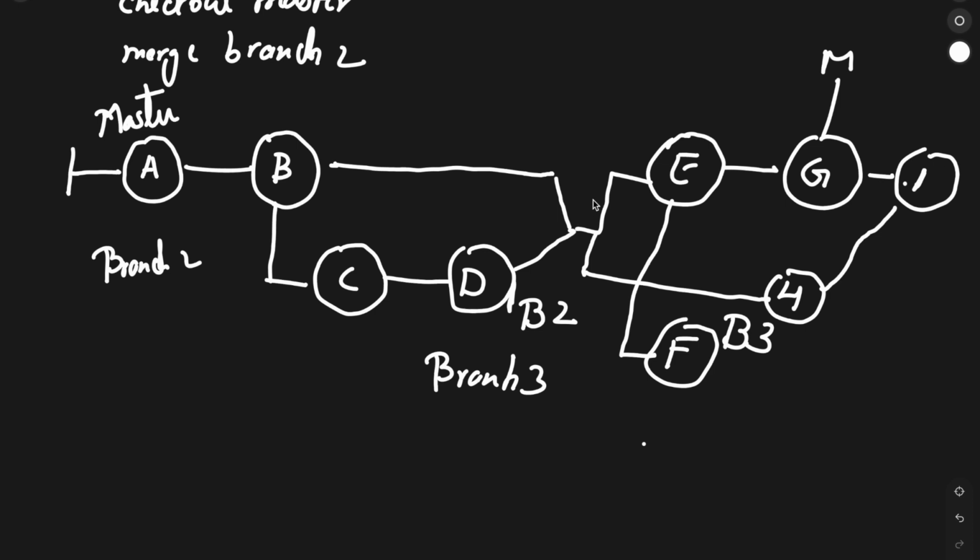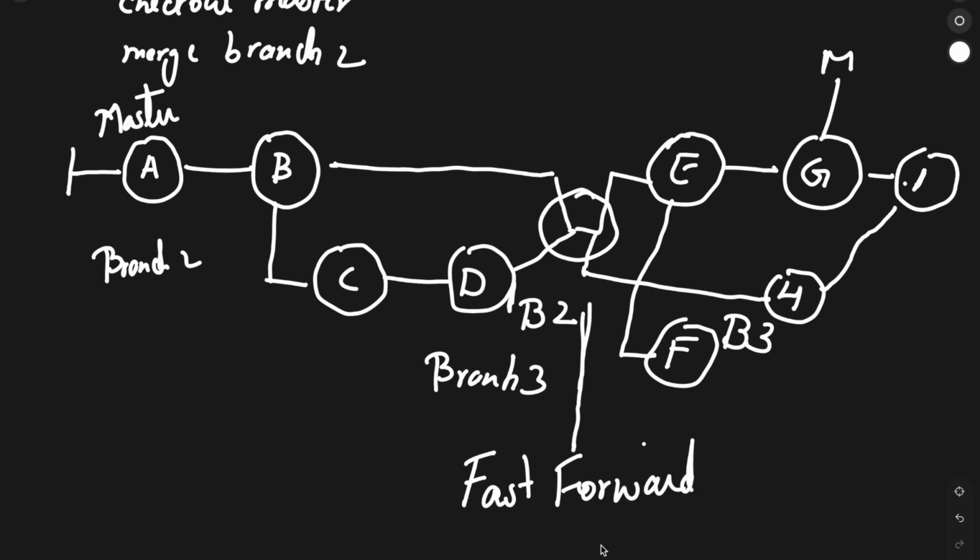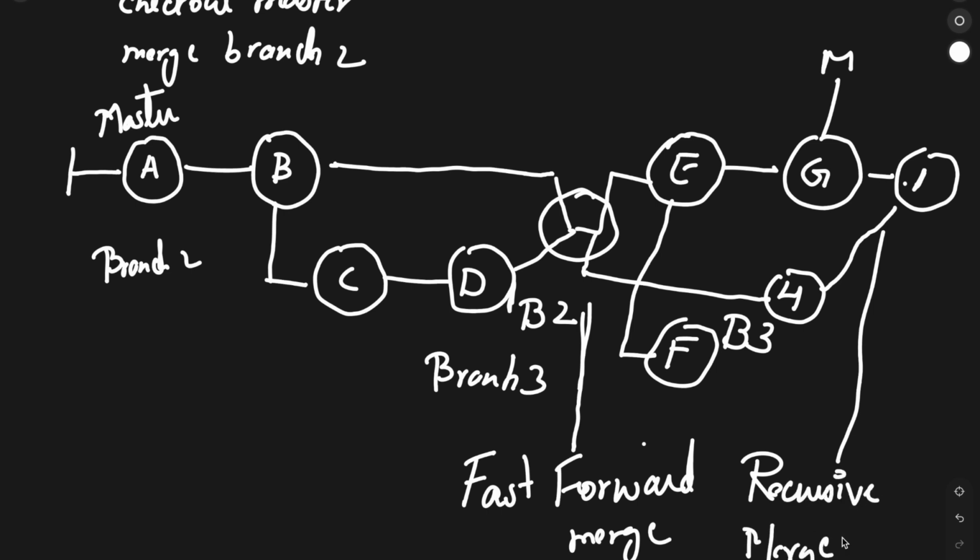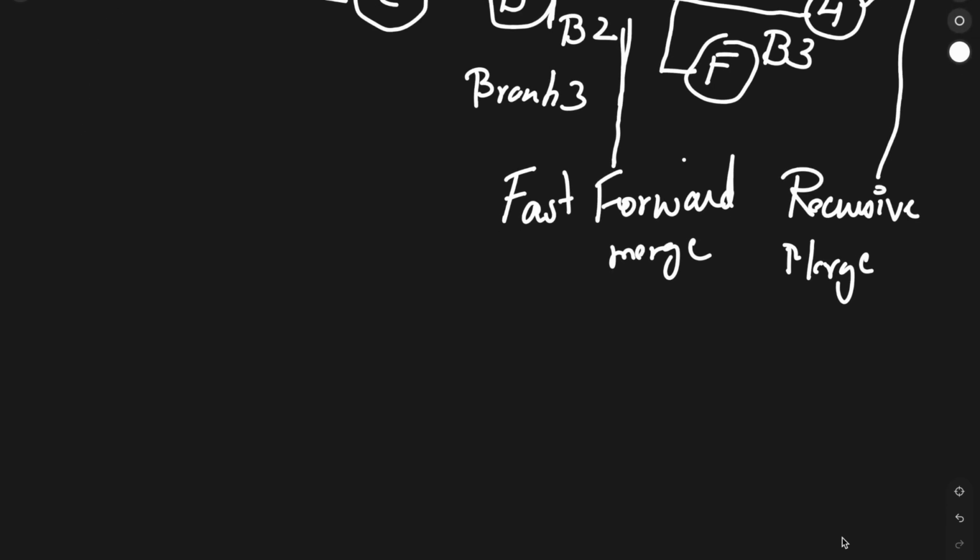You can see that after the commit B, there was no other commit made in the main branch when commits C and D were made in branch 2. But in the case of the merge that we just made, which is a recursive merge, you can see that commits E and G were made in the master branch when the commit H was made in branch 2. So that is why it is a recursive merge.